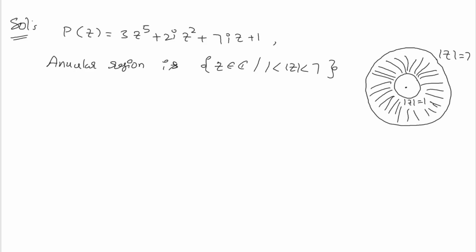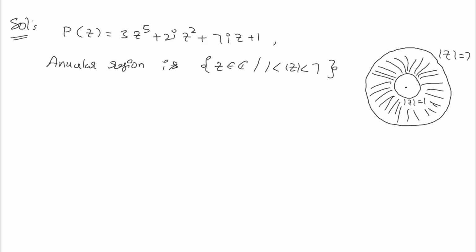That is, first of all we calculate the number of zeros of this polynomial p of z inside the circle mod z equal to 7, and then we calculate the number of zeros of the same polynomial inside the circle mod z equal to 1. So then we subtract the number of zeros of this polynomial inside this small circle mod z equal to 1. Then we get the number of zeros of this polynomial inside this shaded region only. That's how we solve this problem.